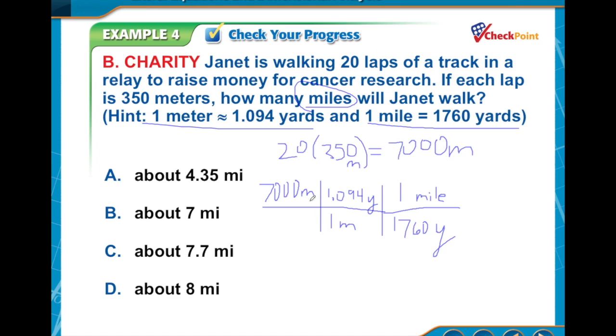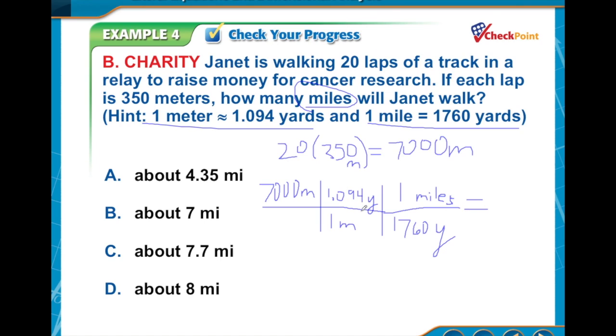So meters would cancel out, yards would cancel out. We'd be left with miles as our unit here. So 7,000, you can do this in a calculator now. 7,000 times 1.094 divided by 1,760 will give us our final answer in miles.